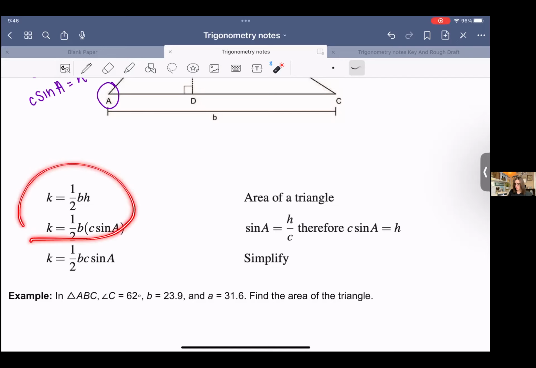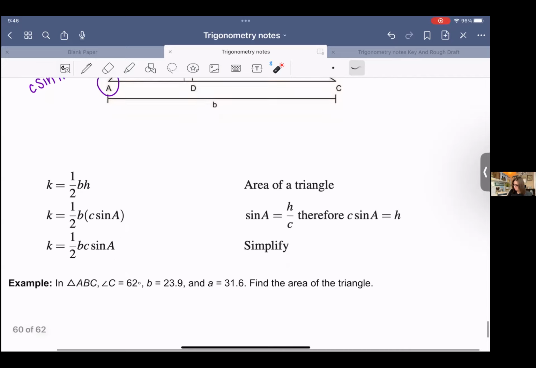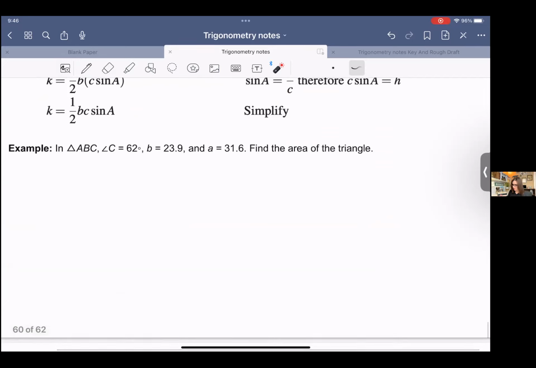Now, all this was just getting to the formula that we're actually going to be using. I just wanted you to know where that came from, because if you don't have that formula handy, it's easier for you to come up with. So we have a triangle ABC. We can just draw that.